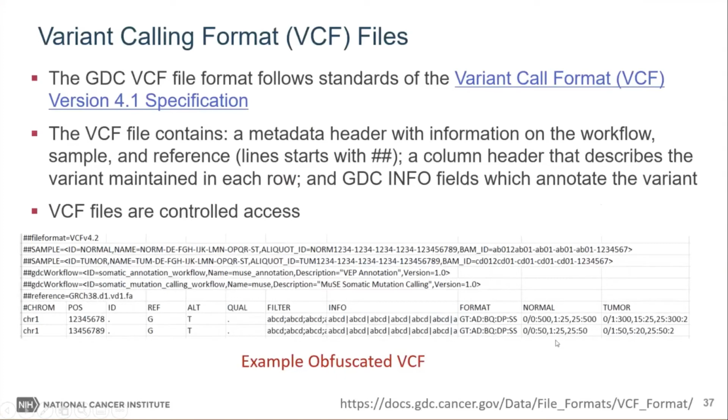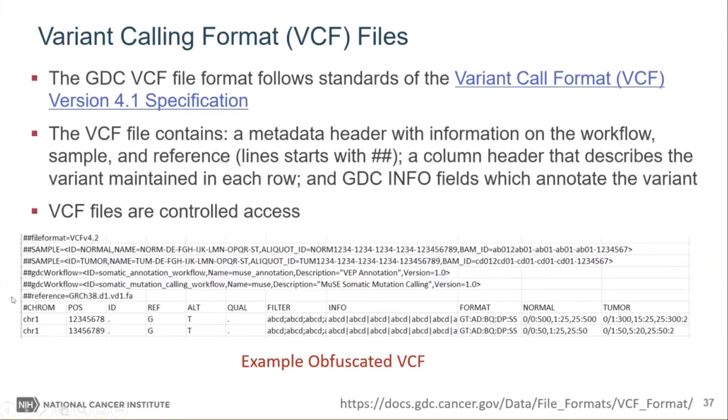To talk about the variant call format, GDC does follow standards on file format. So GDC VCF is a version 4.1 specification. At the bottom of the slide is an example of an obfuscated VCF file for viewers. A VCF file format contains a meta-header section on top and a variant information section. The meta-header section is at the beginning of the file and has information on workflow, sample and reference, and starts with a double hash symbol.